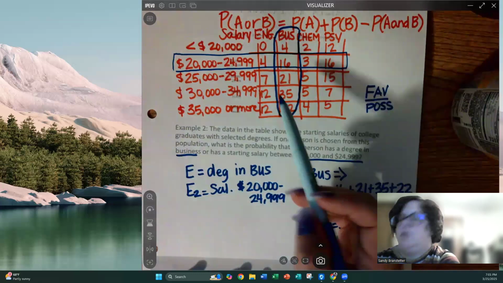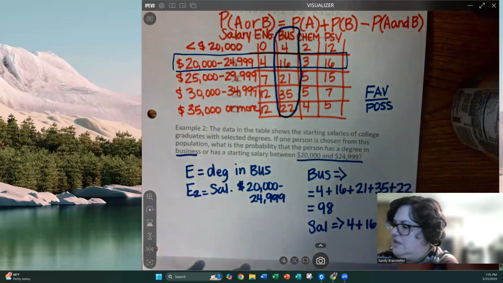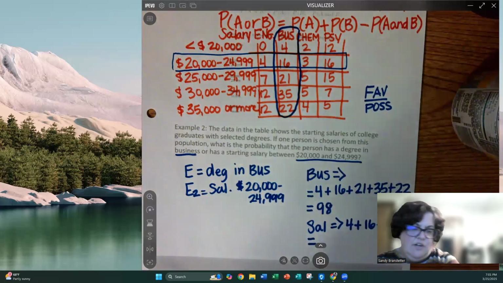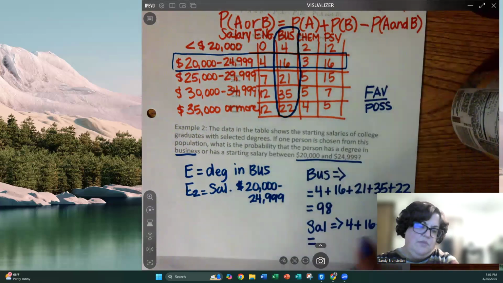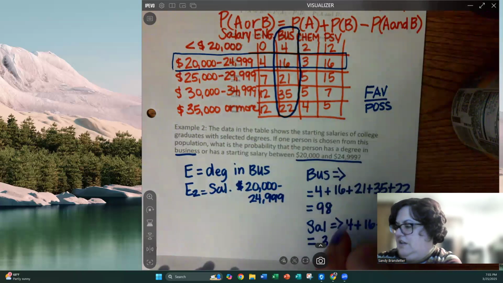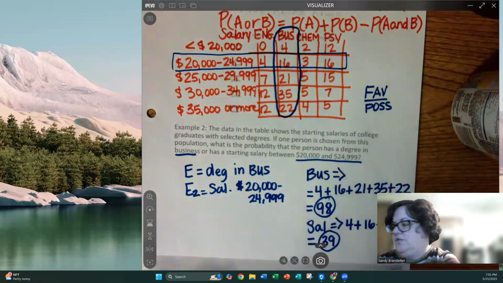And the salary numbers are the numbers 4, 16, 3, and 16. So grab your calculator and go ahead and total up those. 4 plus 16 plus 3 plus 16. Hopefully we got 39. So circle those two numbers because we're going to need those.